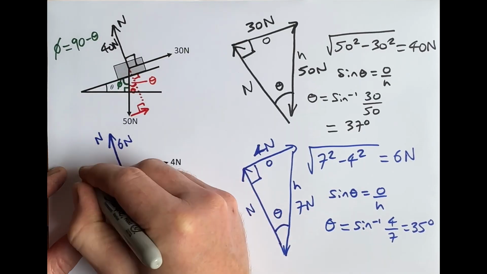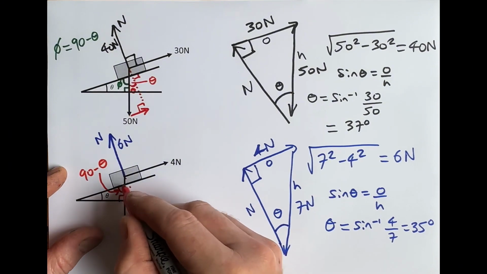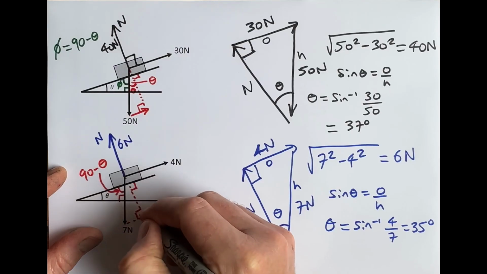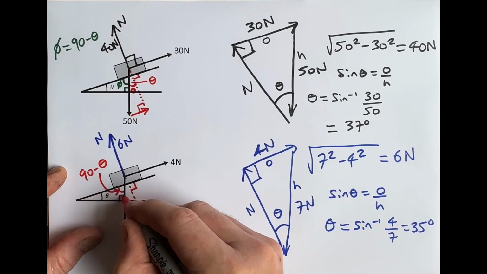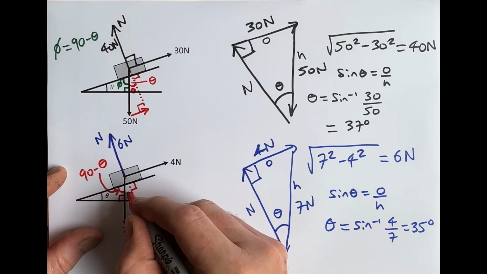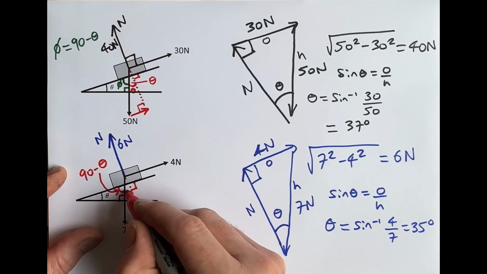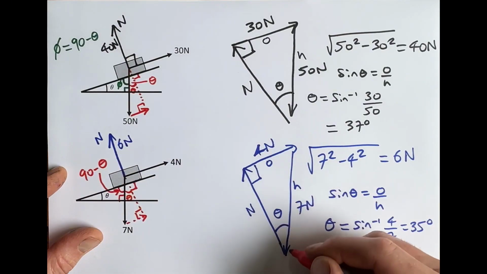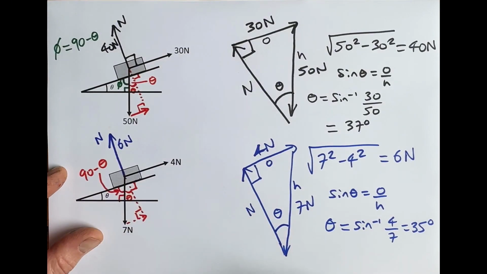The angle between the surface and this normal line is 90 degrees in total. But if that's 90 take away theta, this angle here must be theta. So that angle is theta, that's the angle between the vertical line and the normal, and that is the same as this angle here. Okay, so there you go.